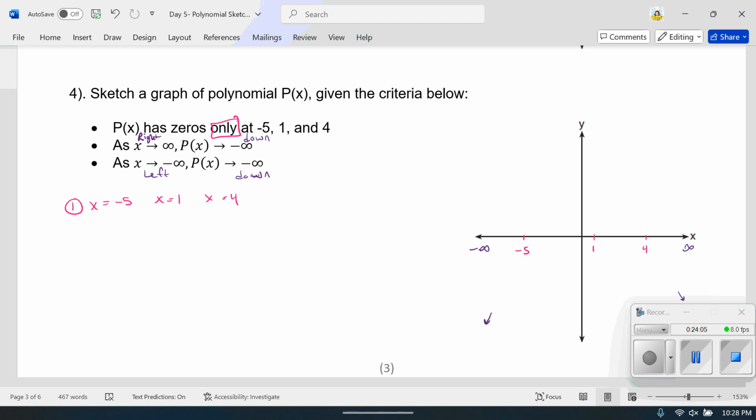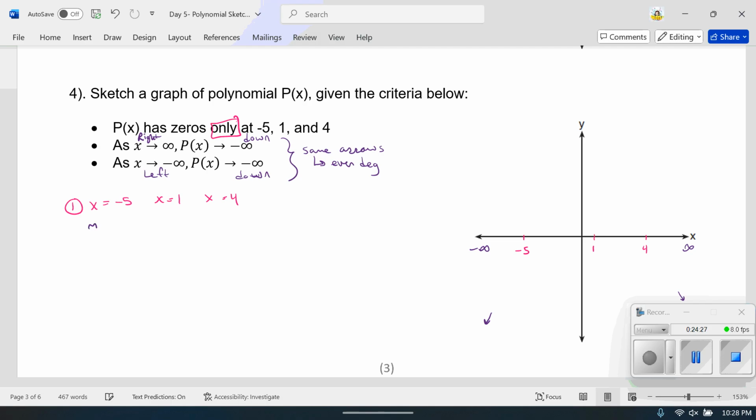And I'm wondering if maybe you're figuring out the issue. And if you don't realize the issue, is that these are the same arrows. And same arrows indicate an even degree. But you have 3 solutions.